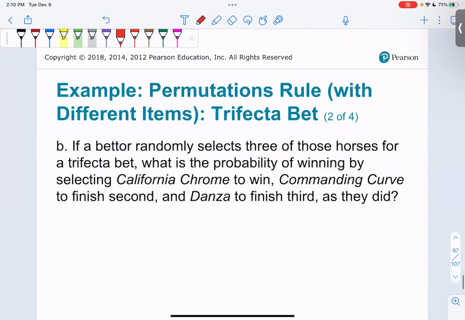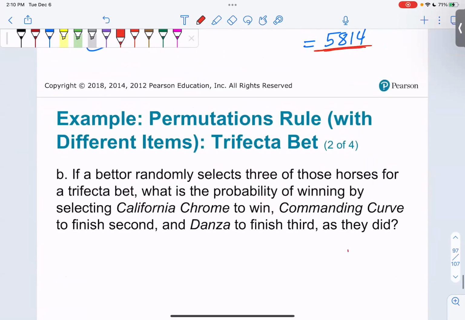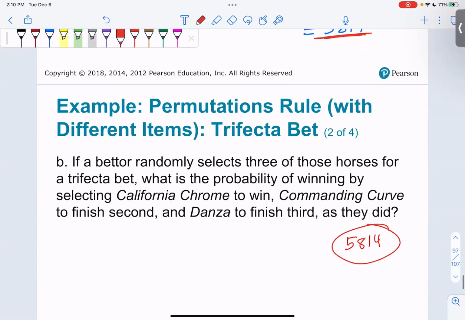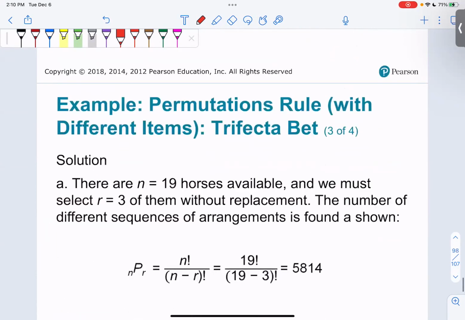Okay, so the number of ways is 5,814. Can you answer B for me? Is it the right number? My calculator says it's right. Yes.